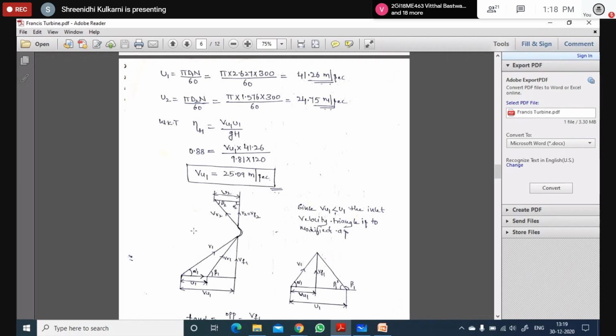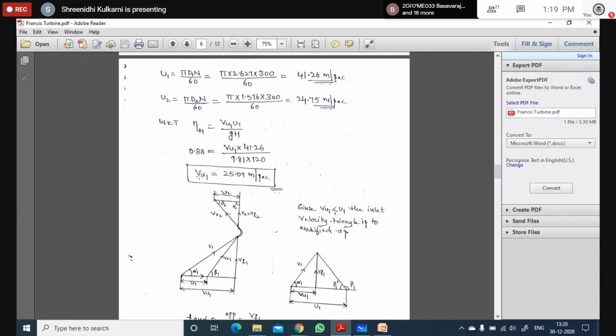In the inlet velocity triangle, in the generalized velocity triangle, VU1 is greater than U1.